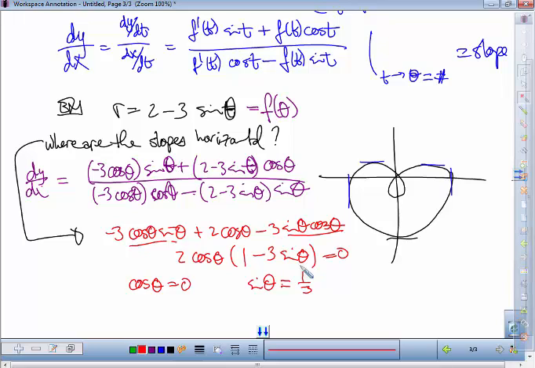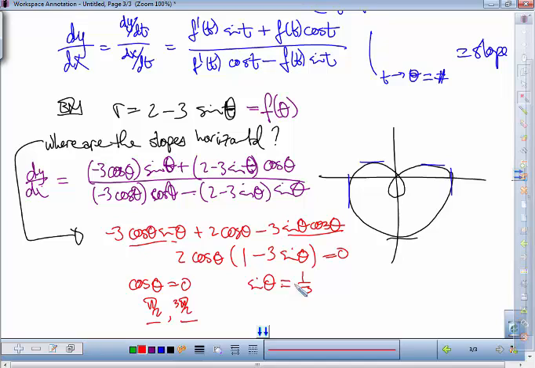All right. So cosine theta is equal to 0 at pi over 2, 3 pi over 2. This whole thing is done between 0 and 2 pi, so we don't need to look beyond that. So let's just say pi over 2 and 3 pi over 2 are our interesting values.